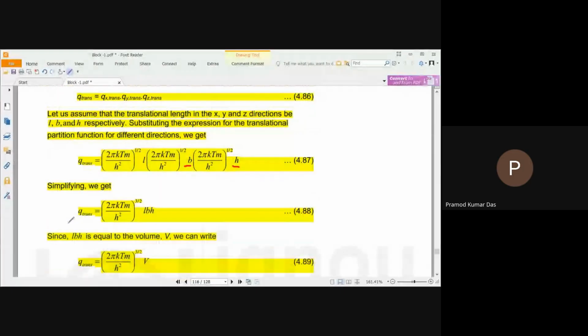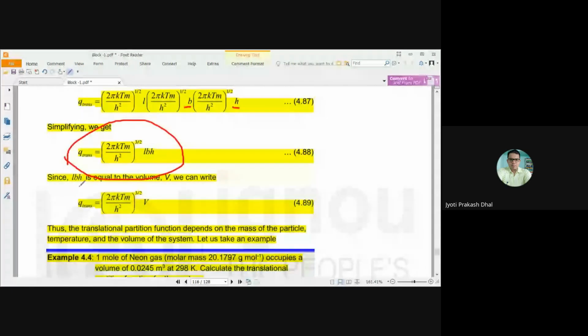Simplifying this, we can write Q translational equals (2 pi kTm by h square) whole to the power 3 by 2 into lbh. Here, l is the length traveled by the particle along the x-axis, b is the length along the y-axis, and h is the length along the z-axis.